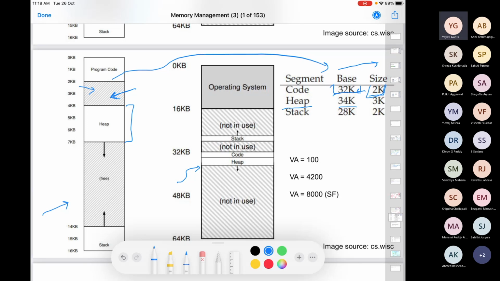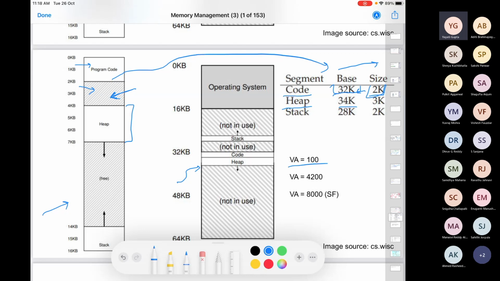How will you do the address translations here? Let's say you have a virtual address of 100 now. How will you do an address translation? This particular technique is called segmentation. If we have a virtual address of 100, you see it will lie somewhere here in the code segment.